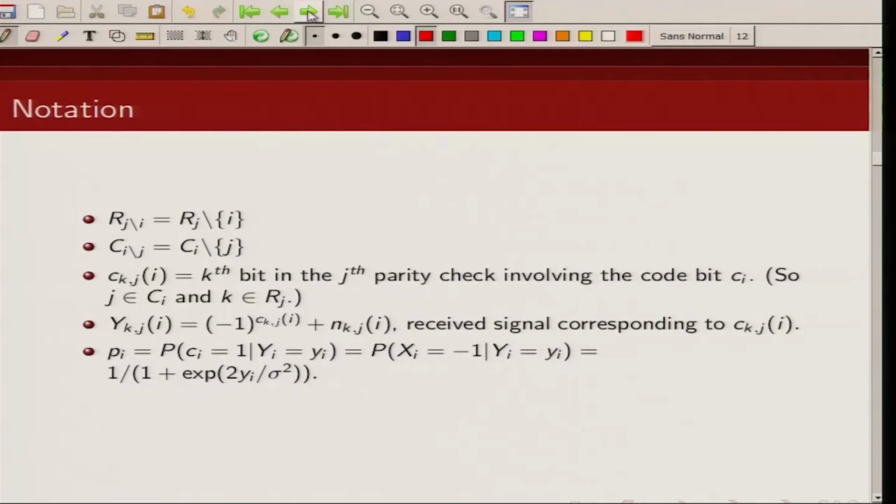Now, for an AWGN channel, we can compute this probability that Cib is 1 given a Yi. This can be given by this expression. And we denote by Pkj the probability that Ckj is 1 given a received sequence Ykj.